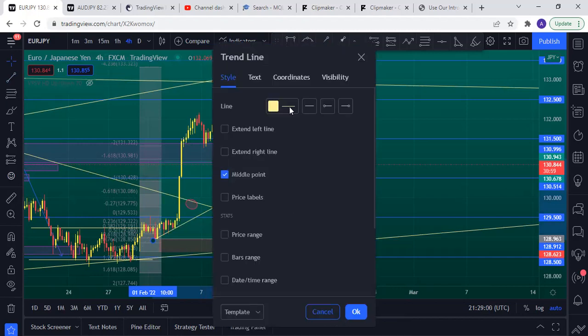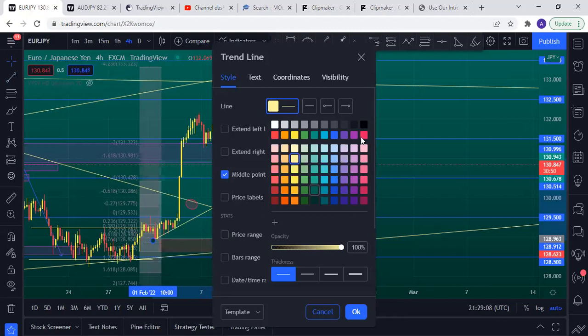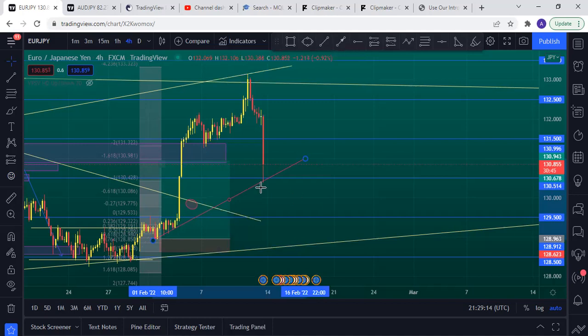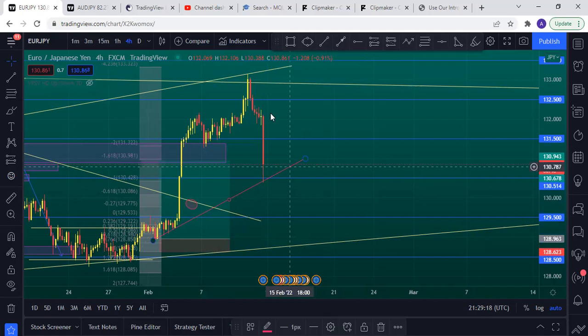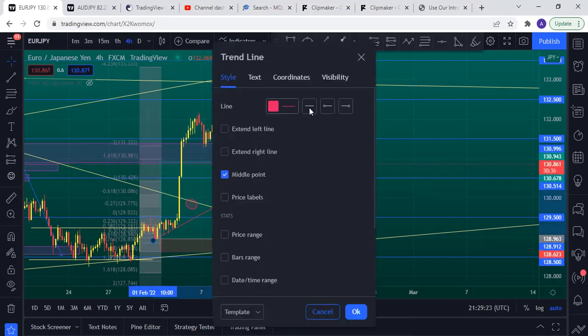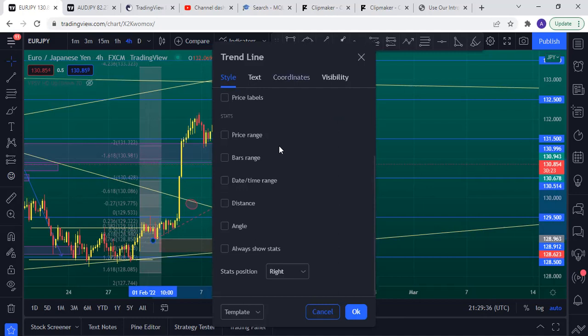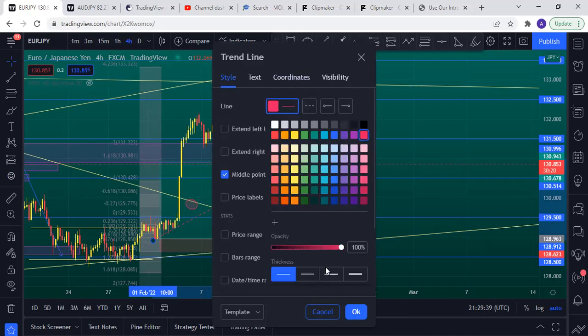Let me change the color so it becomes easier to see. All right, so that's a minor trend line. All right, probably I'll just make it a little bit thicker. All right, so that's the minor trend line.